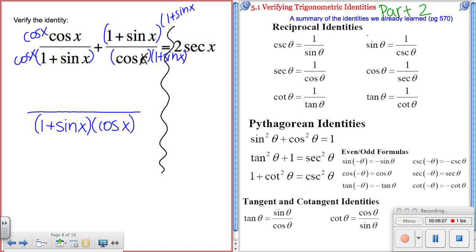When I do that, the first fraction's numerator is cosine squared x. The second fraction's numerator is 1 plus sine x squared, two of those.